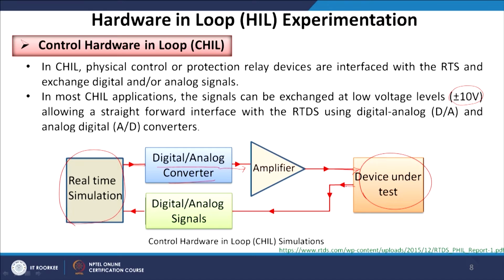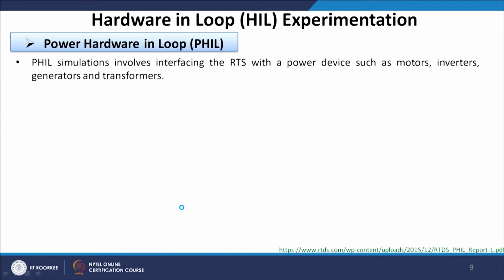Now, the outcome of the device can go back through analog to digital conversion as feedback to RTDS. So, this kind of setup is certainly closed loop, and it is control hardware in loop simulation with closed loop representation.